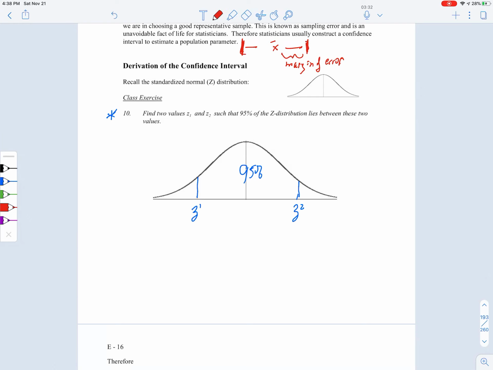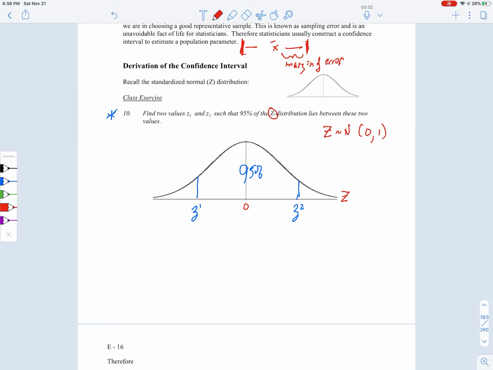Now, here's the thing to note: remember that when we're talking about a Z distribution, it is centered on 0 and has a standard deviation of 1, right? So it's normal with a mean of 0 and a standard deviation of 1.